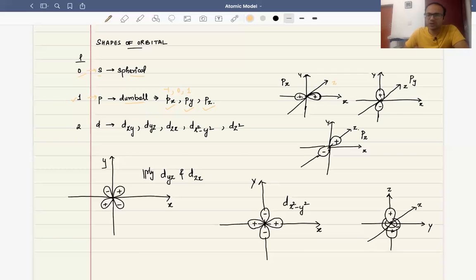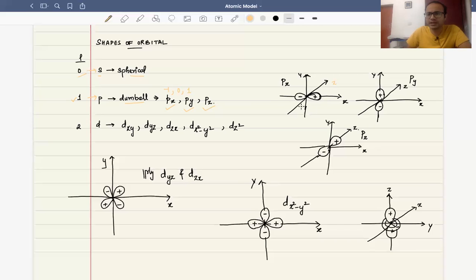We will not go into too much detail about these phase signs because you do not have to study them right now. Just because we have to study their shape, you should be aware that you have these plus and minus signs which represent the phase of these orbitals. So how can you remember it? It is very simple.